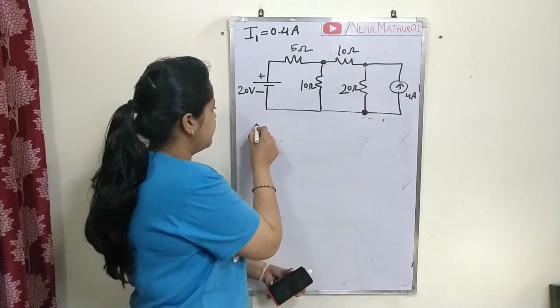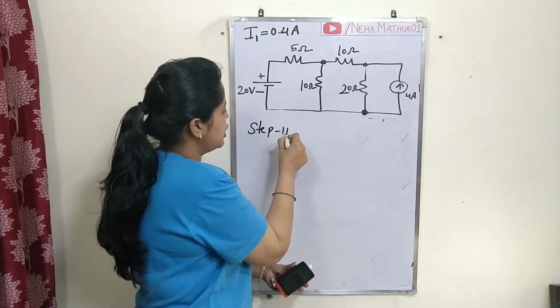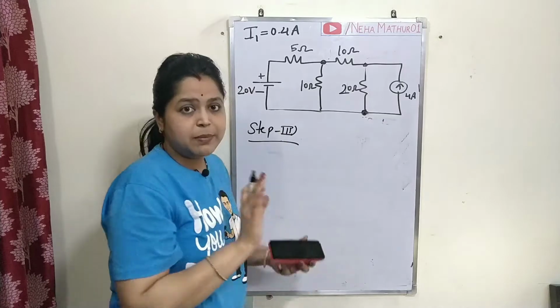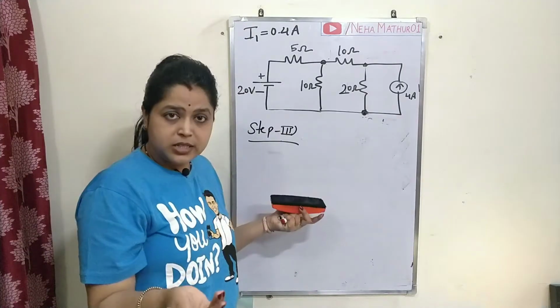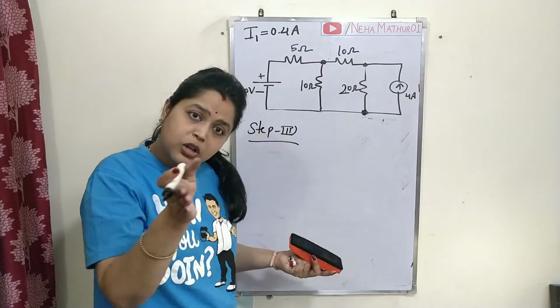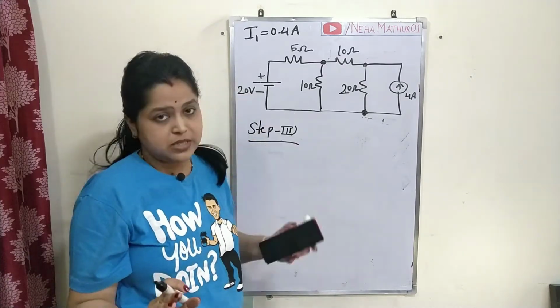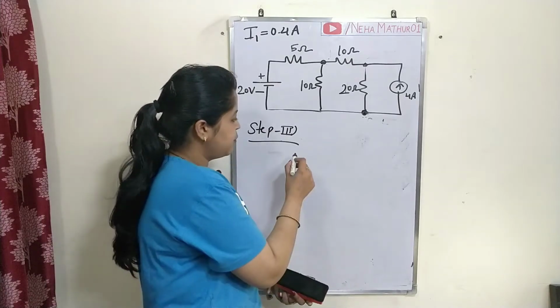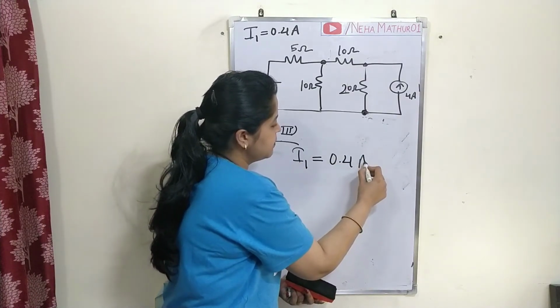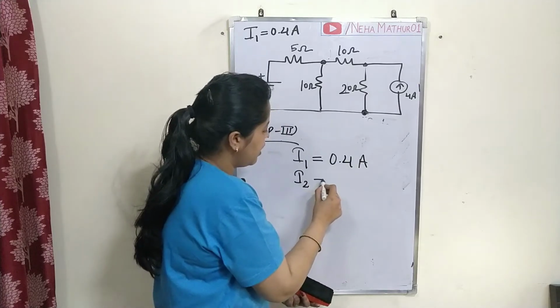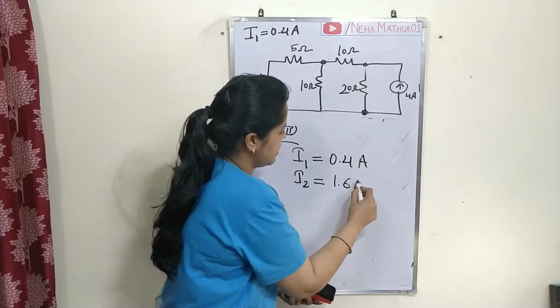Now the 3rd step, and as I told you, that last step is the most important step, in which you will have to add all the responses you got from the previous steps. From step 1 you got a current of 0.4 ampere, while from the second step you found that your current is 1.6 ampere.